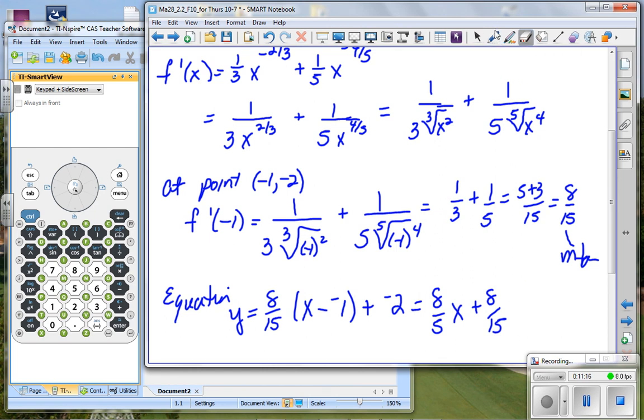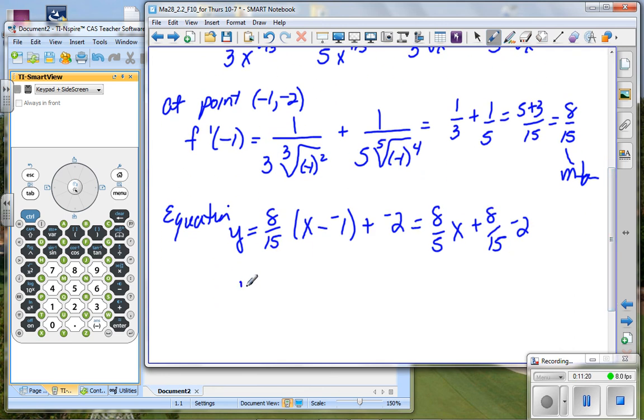Let's just go ahead and make that subtract 2. And if we're looking for combining 8/15 and negative 2, we can remember that 2 would be the same as 30/15. So 30 minus 8 is 22/15. Now let's check this and see what it looks like on the Inspire.